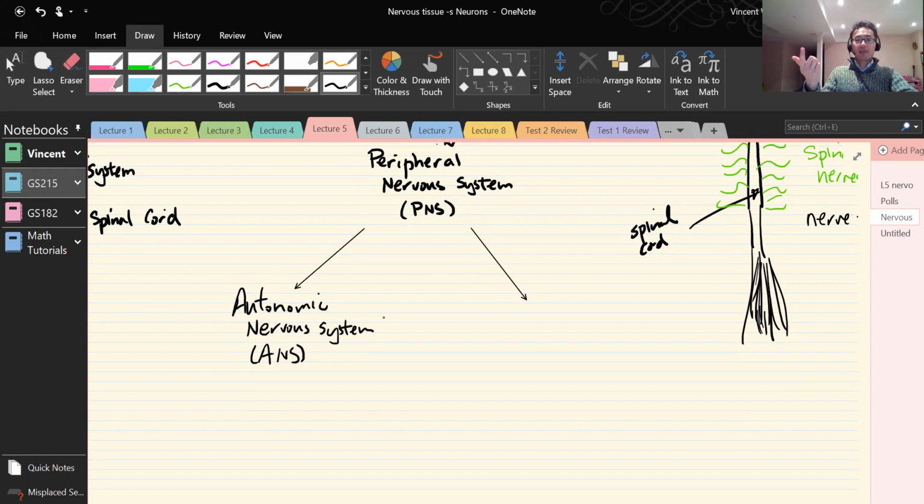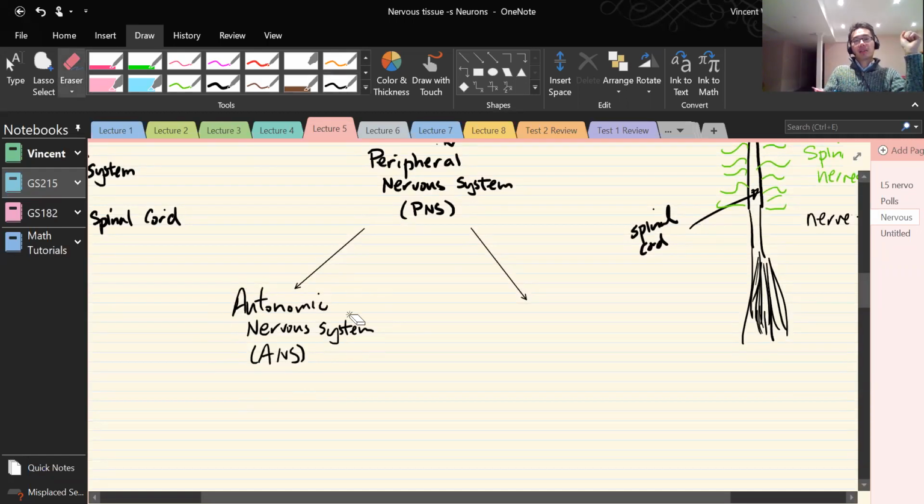Changing the size of your pupil, constriction of your blood vessels, all these things that happen without us consciously thinking about it, that is going to be the work of the ANS. Like when you're sleeping, you will still continue to breathe, right? That's the job of the ANS. So everything that occurs in the body without conscious input, that just kind of happens in the background, that's the job of the ANS. Does that make sense?